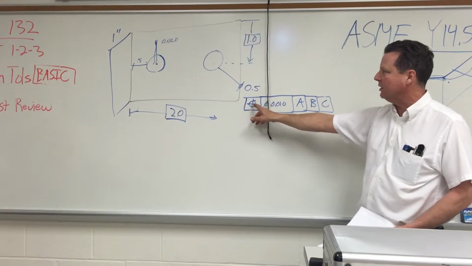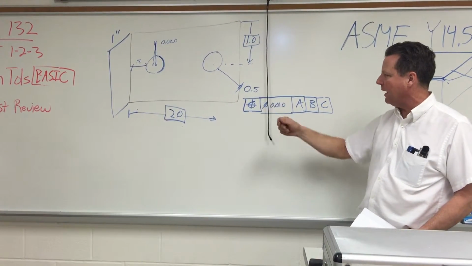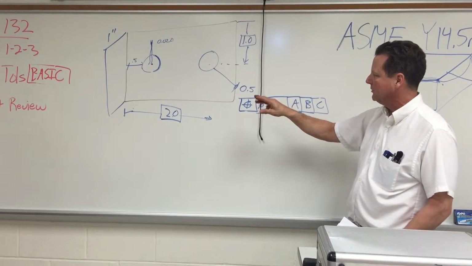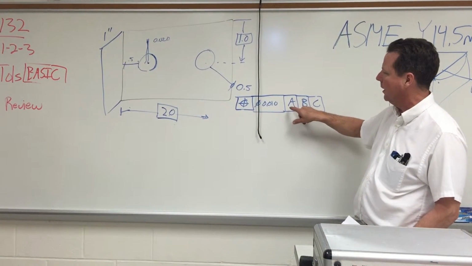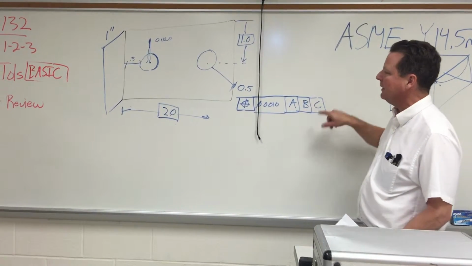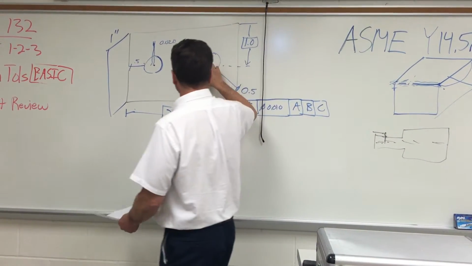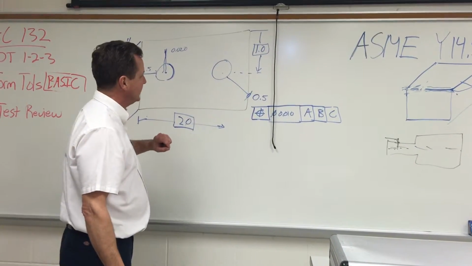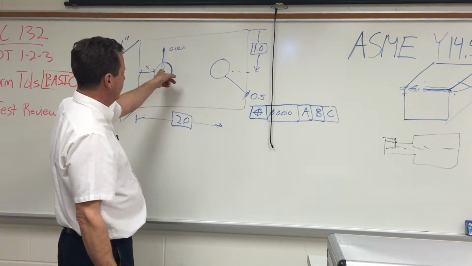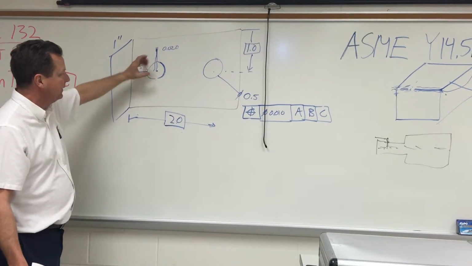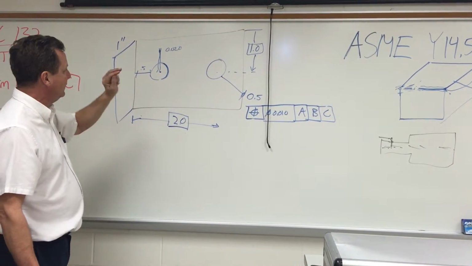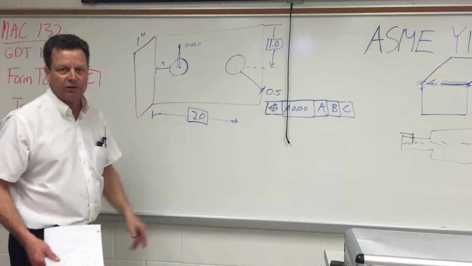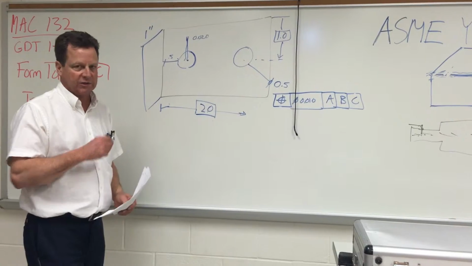Now, the true position of this hole was supposed to be within a diameter of 10 thousandths all the way through the part, so that it would be relative to datums A, B, and C. This one was drawn correctly, and so the hole is a 1/2 inch, and it is at its right size. This hole was drilled at a 1 degree angle, and now our 1/2 inch hole is smaller, and it is no longer perpendicular. So I pulled this together to show you how you get 2 for 1 sometimes.